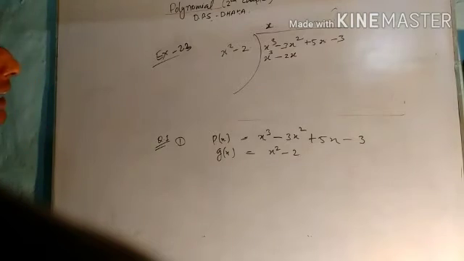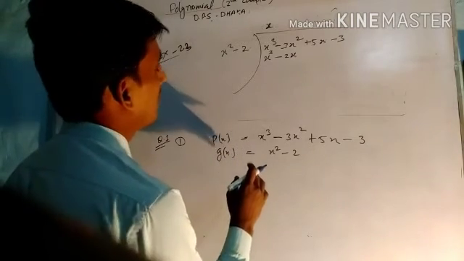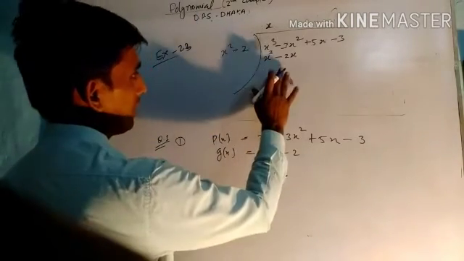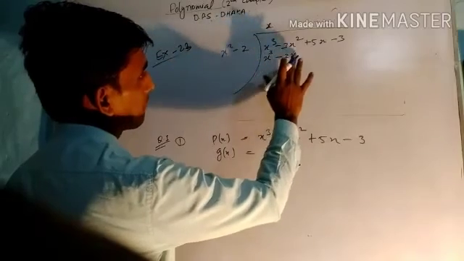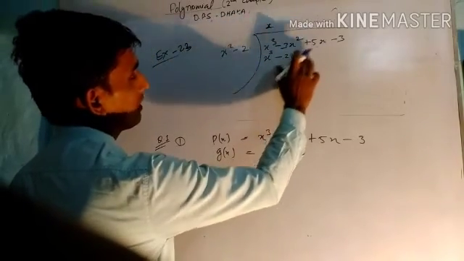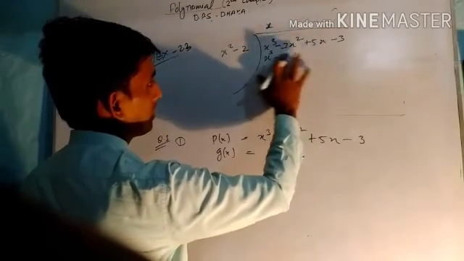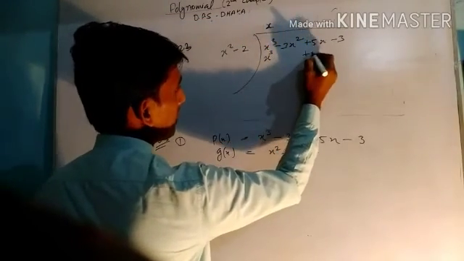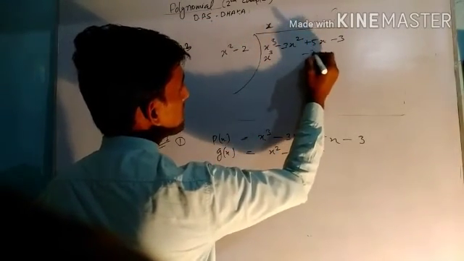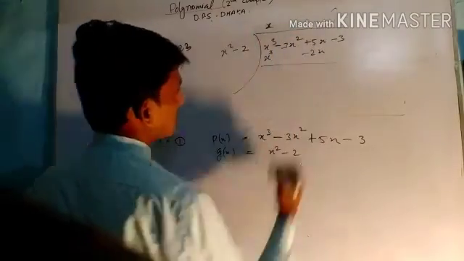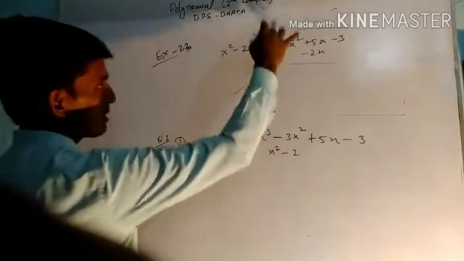Okay, but here minus 2x will not be placed in the x square column because x having power 1 is written here. So we will place minus 2x here. Now subtract this.